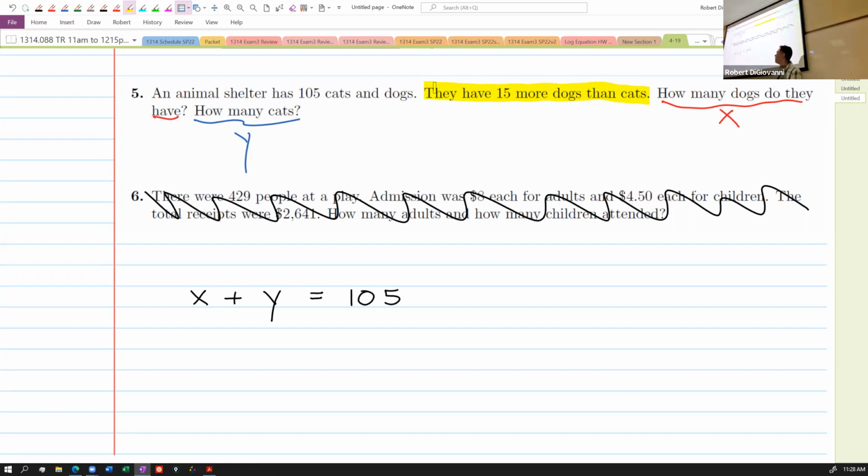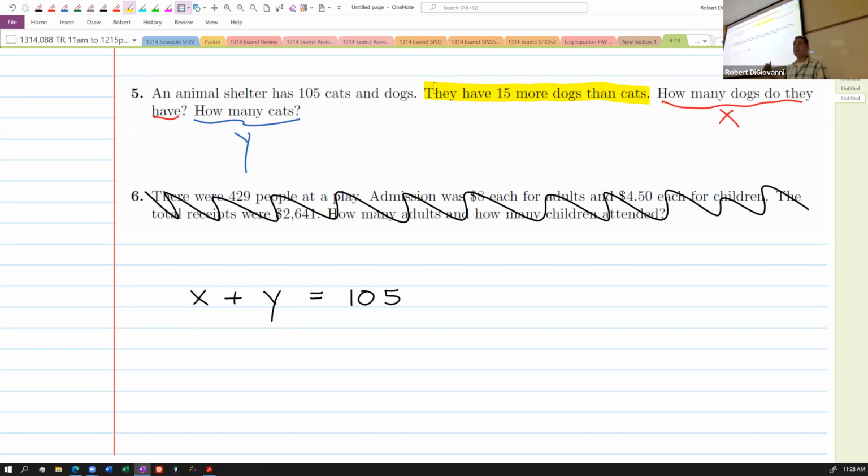Forget this. Just read that sentence alone in yellow. If you have 5 cats, according to that, how many dogs would you have? You have 15 more dogs than cats, right? So you'd have 20 dogs, right?